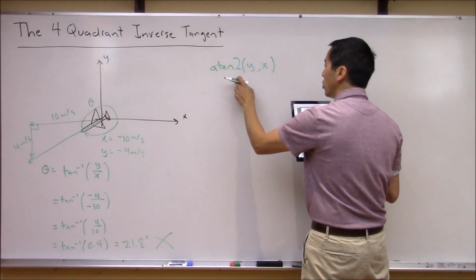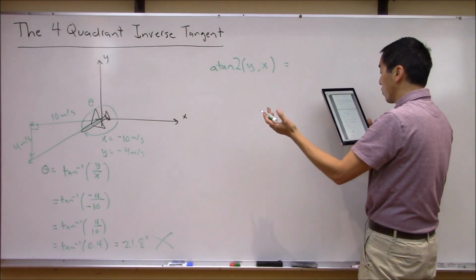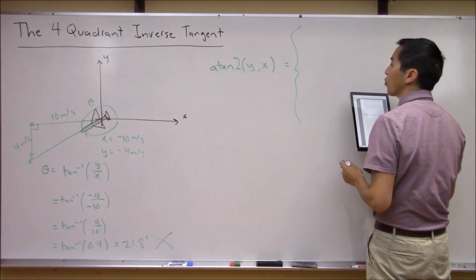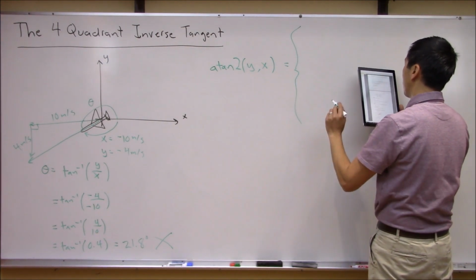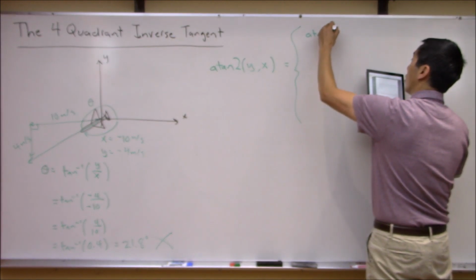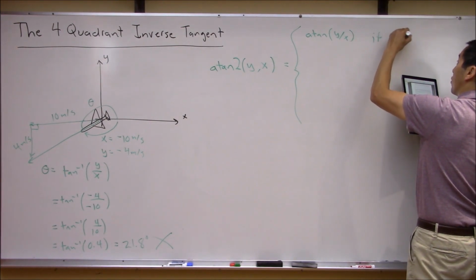And what atan2 is implementing is what's known as the 4-quadrant inverse tangent. It's almost like a heuristic statement, where what it returns is your normal atan of y over x if x is greater than 0.